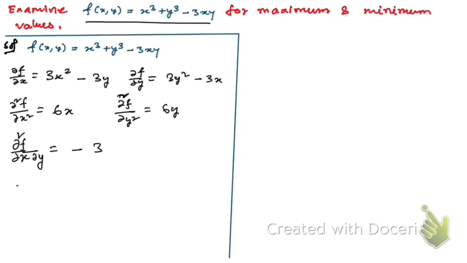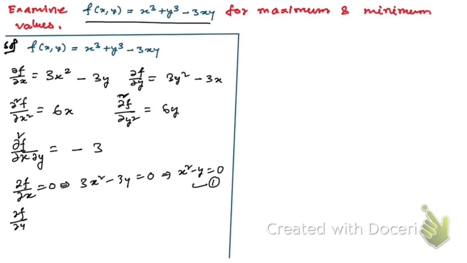So now let's solve this is equal to 0. If you solve this, then what you're gonna have, 3x square minus 3y is equal to 0, and dividing both sides by 3, then you're gonna have x square minus y is equal to 0. This is equation number 1. And similarly, let's solve del f by del y. That's gonna be equal to 3y square minus 3x is equal to 0.